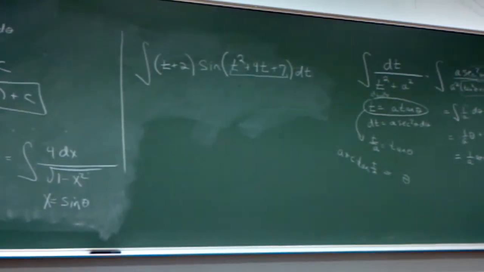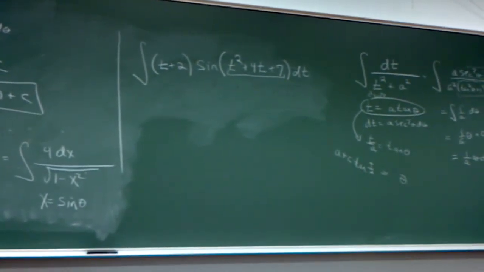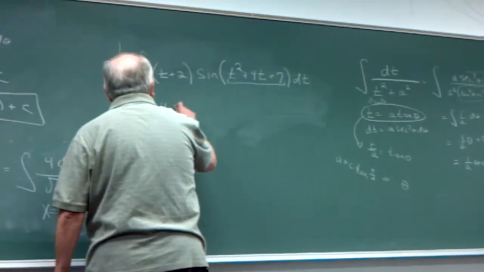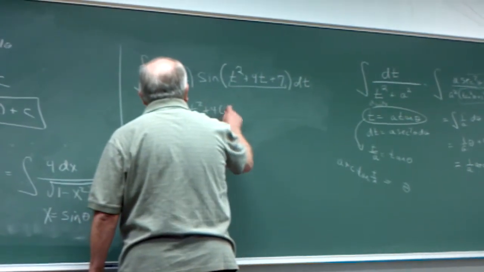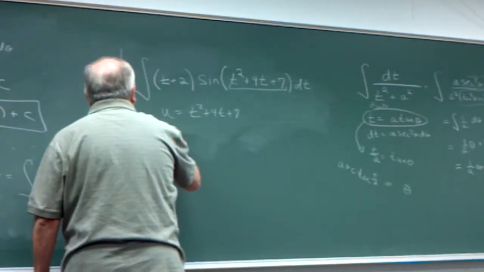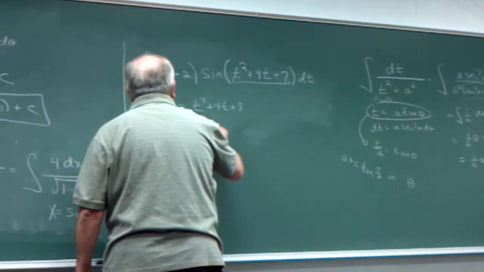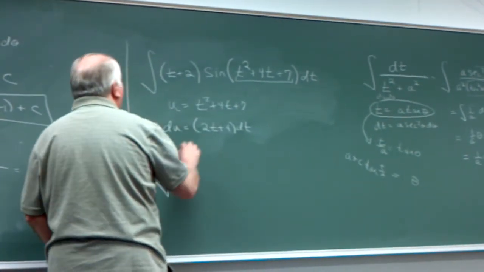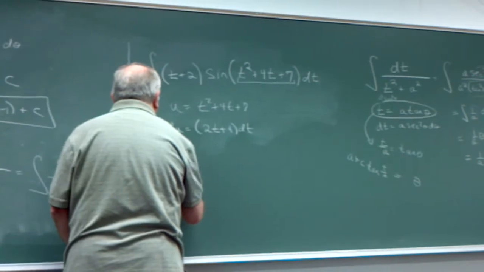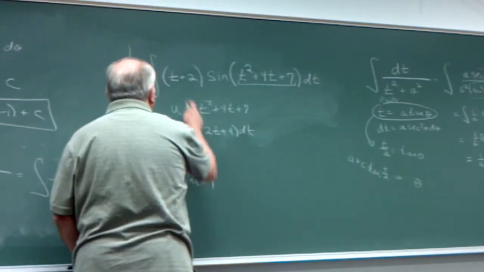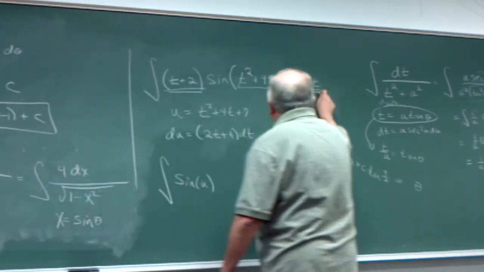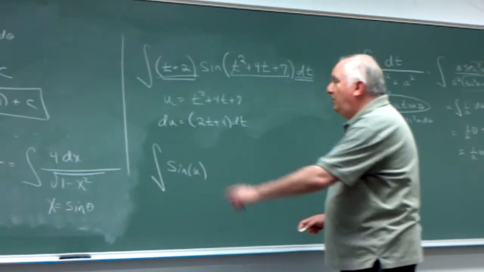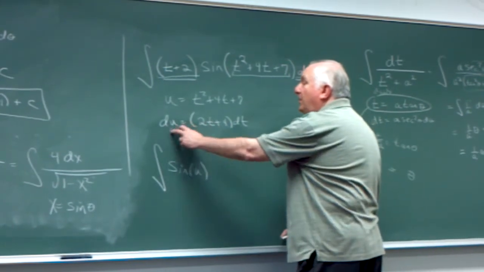So if we let u equal t squared plus 4t plus 7, then du is 2t plus 4 dt. Well, this becomes the sine of u. t plus 2 dt is what was left to replace. But notice we can turn this into t plus 2 dt by multiplying by 1/2. So 1/2 du is t plus 2 dt.